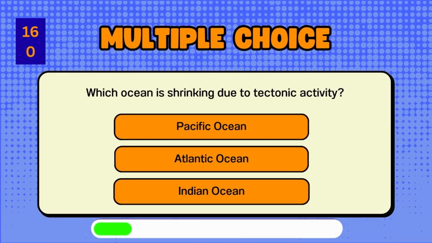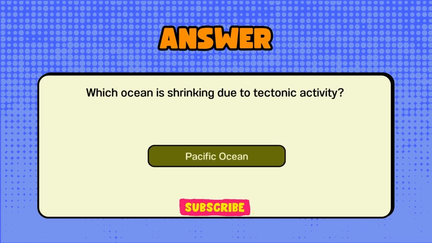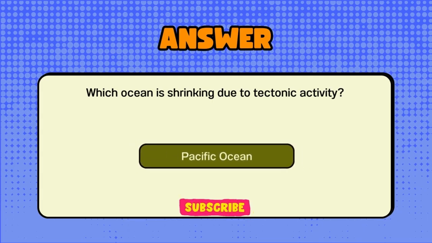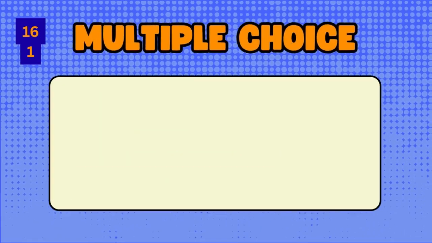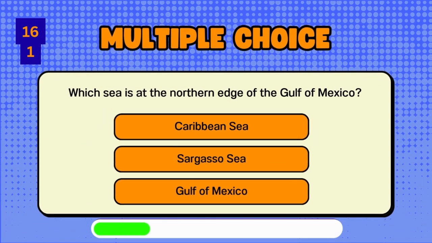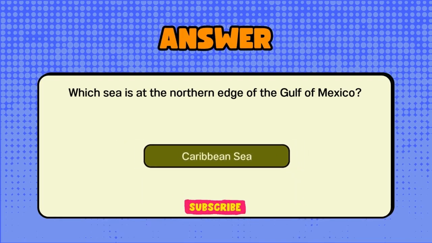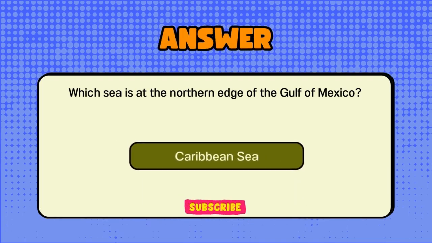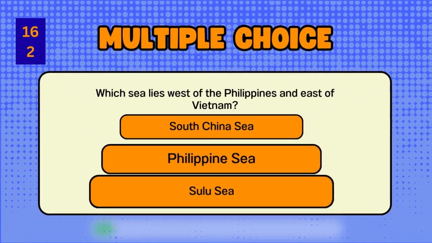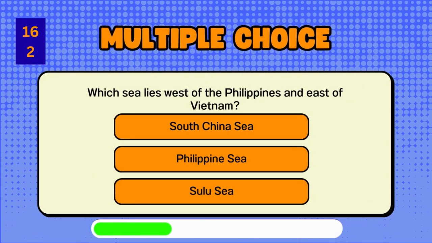Which ocean is shrinking due to tectonic activity? Which sea is at the northern edge of the Gulf of Mexico? Which sea lies west of the Philippines and east of Vietnam?